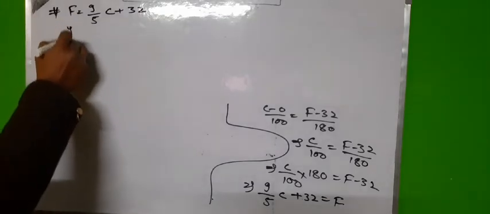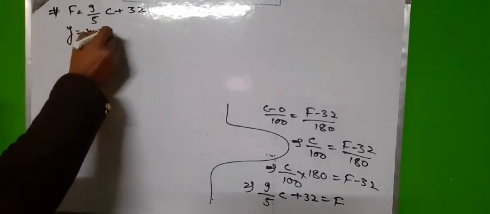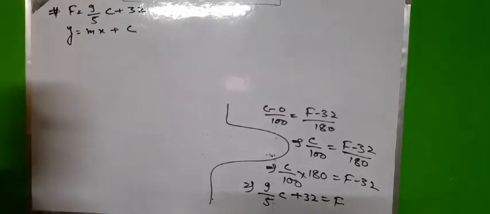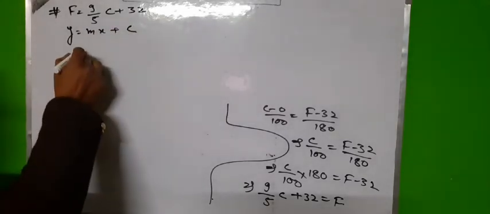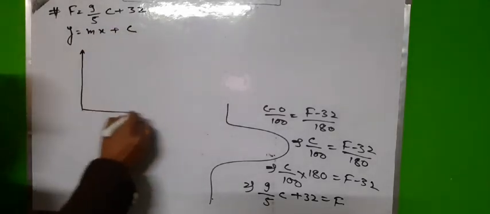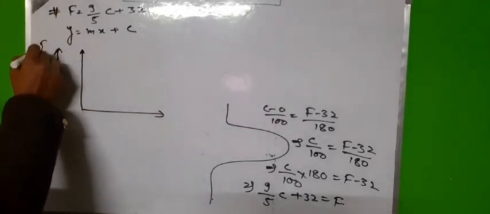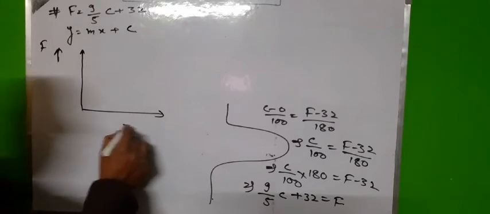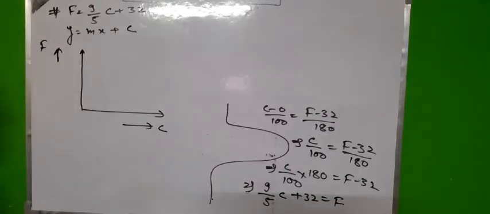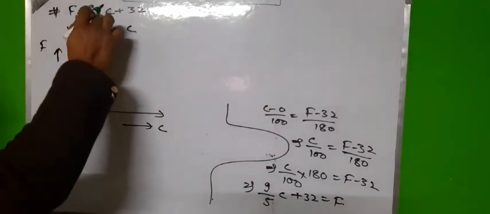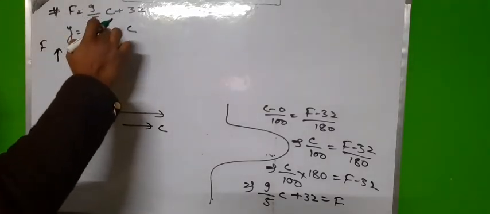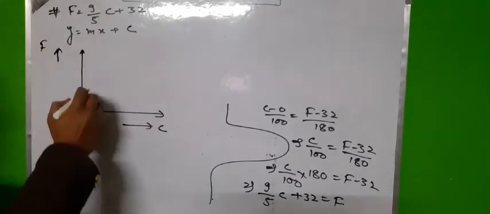Correlating it with y is equal to mx plus c, suppose we take a graph like this, and on the y-axis we draw Fahrenheit and on the x-axis we draw the Celsius scale. Then this equation is of the form of a general straight line equation, y is equal to mx plus c.